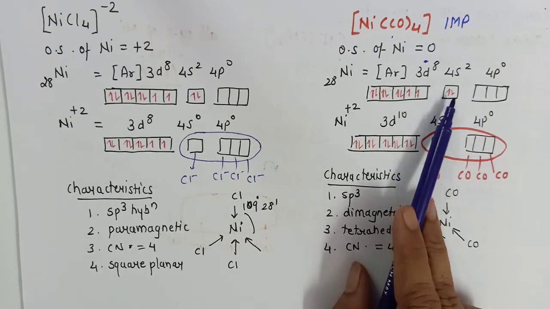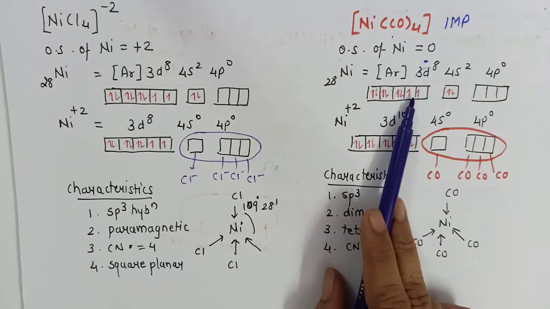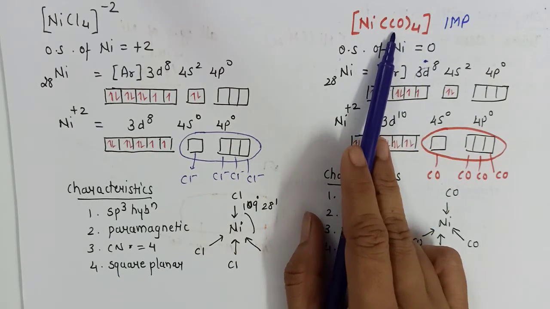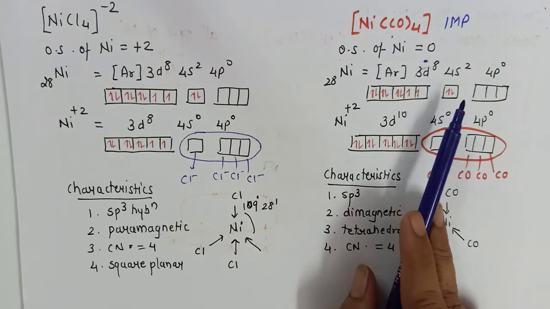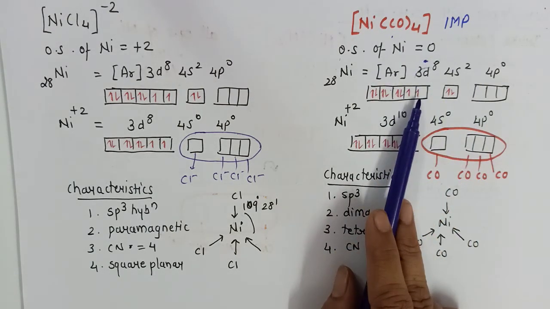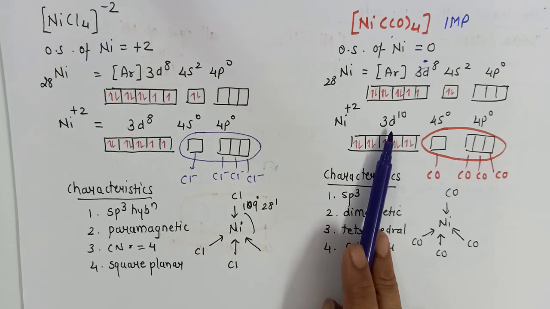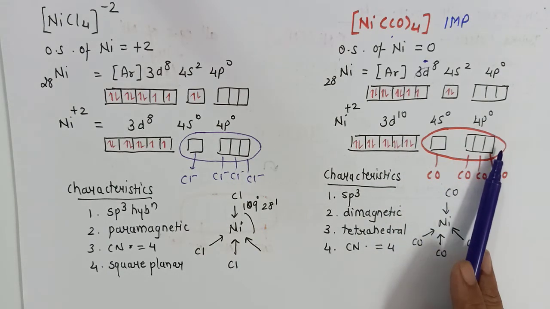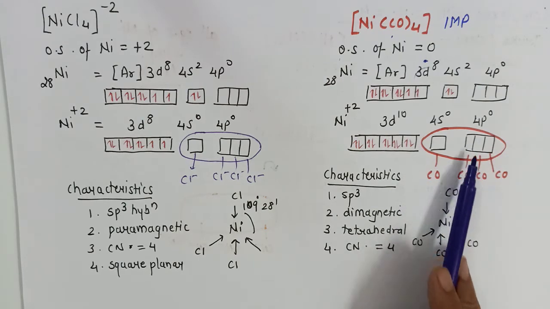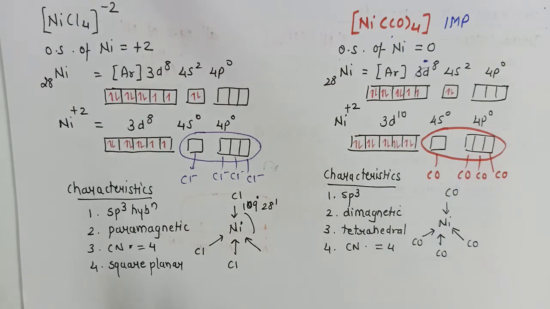Now the 4s electrons shift to 3d because the approaching ligand is carbonyl. It will cause pairing, giving 3d10 configuration. 4s becomes vacant, so it undergoes sp3 hybridization, each getting 1 lone pair from carbonyl.